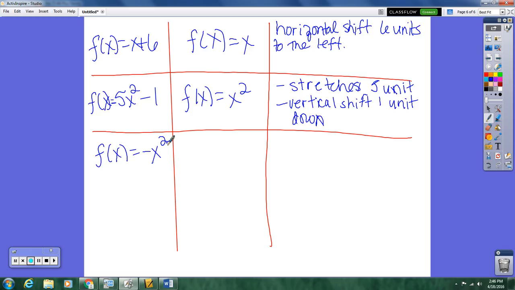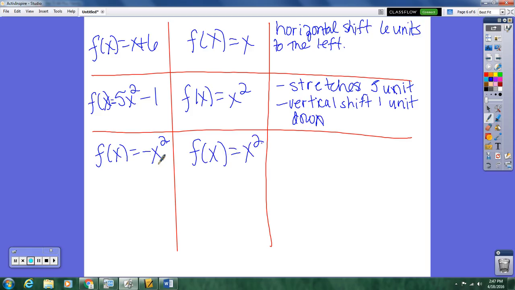Take away all the negatives and positives and the numbers and the signs. What do you have left? X squared. F of x equals x squared.